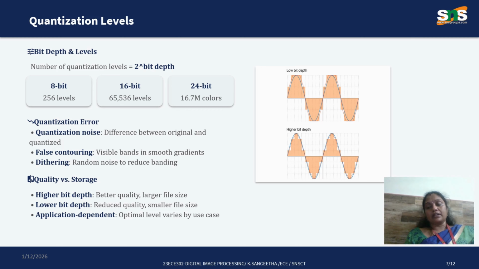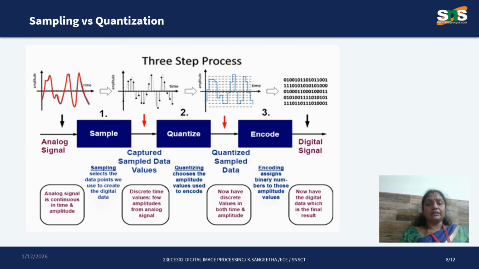Next we should know what is quantization error: the difference between original and quantized values, false contouring, and dithering. These are the quantization errors. With higher bit depth, we can get better quality but a large file size. With lower bit depth, we get reduced quality but a smaller file size, so storage space is minimized, and it is application dependent.